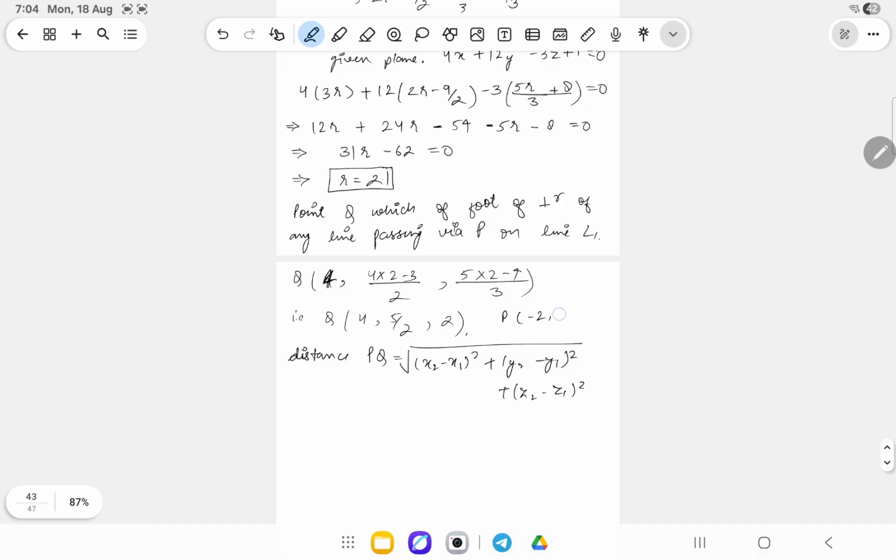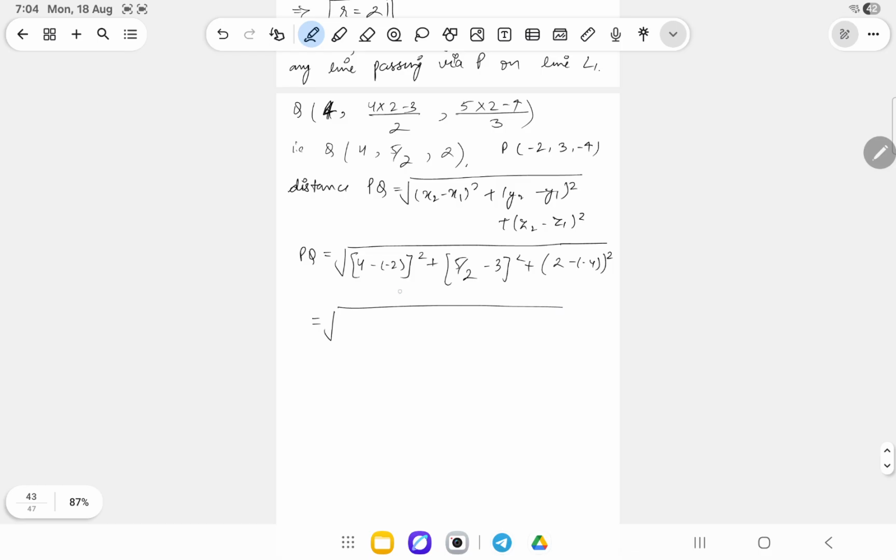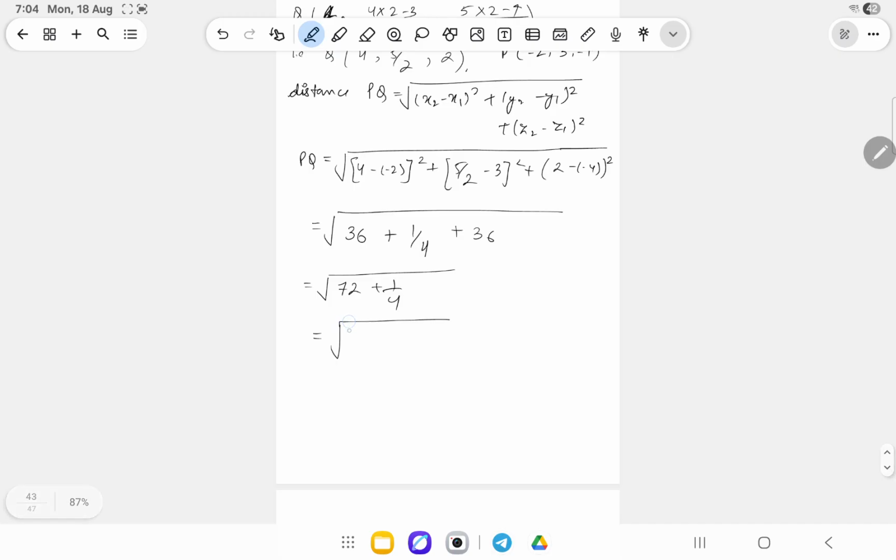So PQ equals (4 plus 2) squared plus (5 by 2 minus 3) squared plus (2 plus 4) squared. Simplifying, 36 plus 1 by 4 plus 36, which is 72 plus 1 by 4, which is equivalent to 289 by 4, so the distance is 17 by 2 units. So this is the distance between points P and Q.